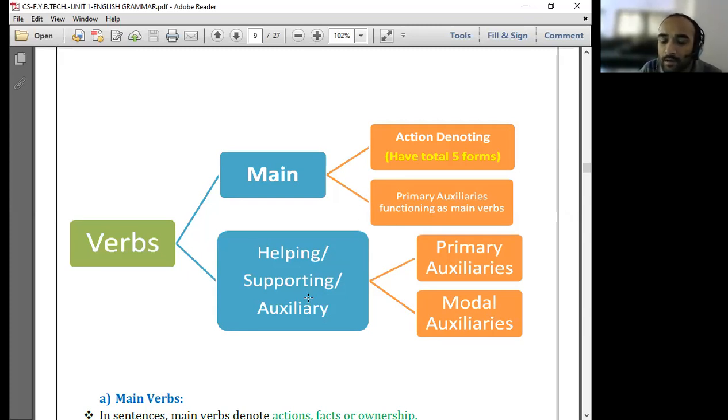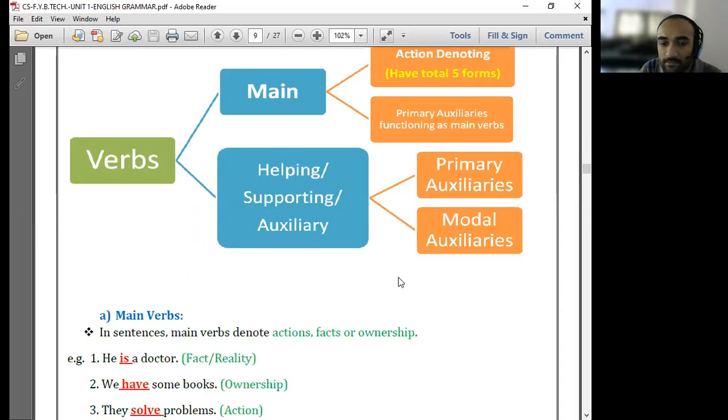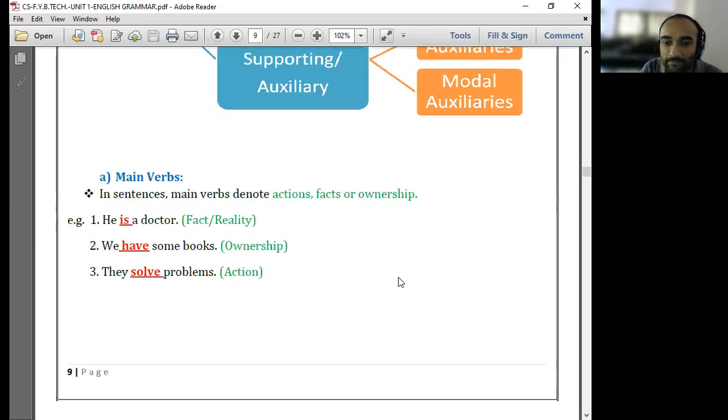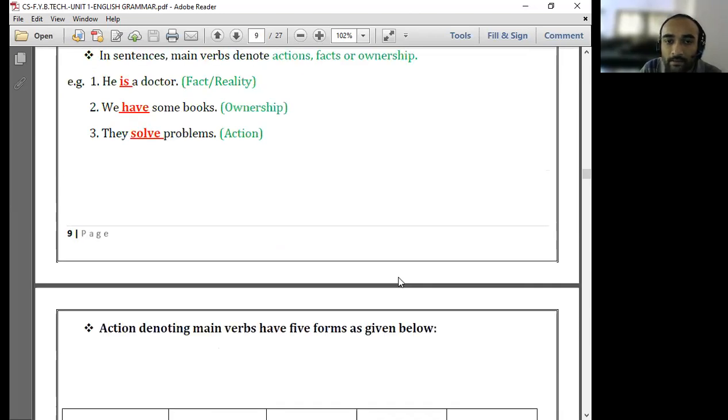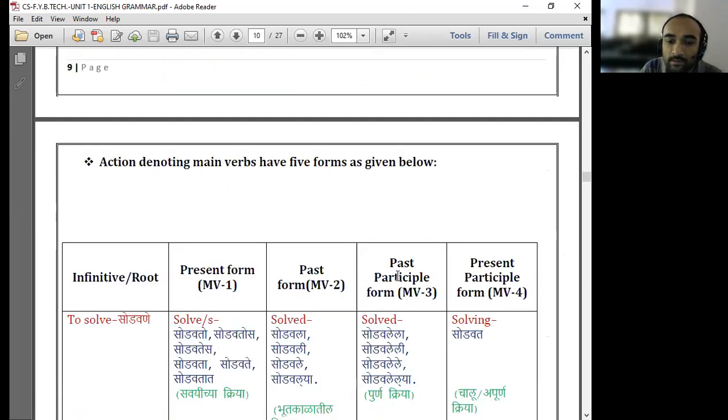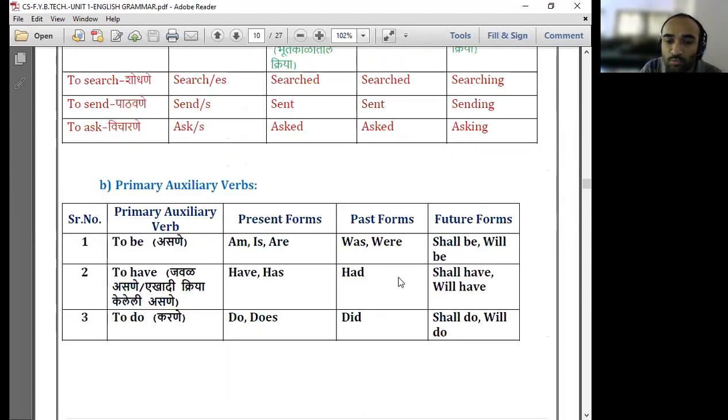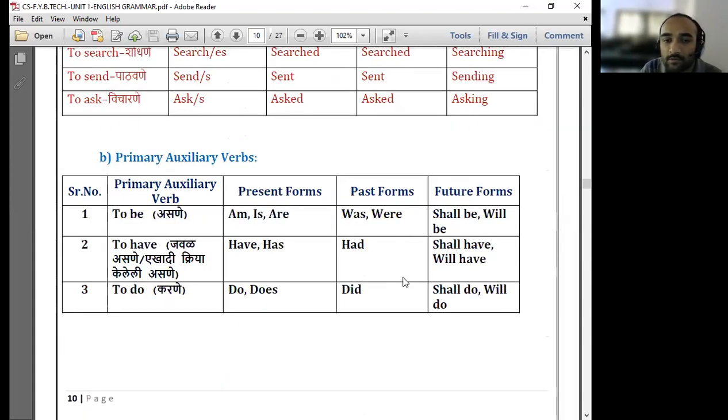Then helping verbs are also of two types: primary auxiliaries and modal auxiliaries. In the primary auxiliaries, we can see the verbs of to be form, to do form. Yes, this is the chart of the primary auxiliary verbs. You have written it down in the notebook also.